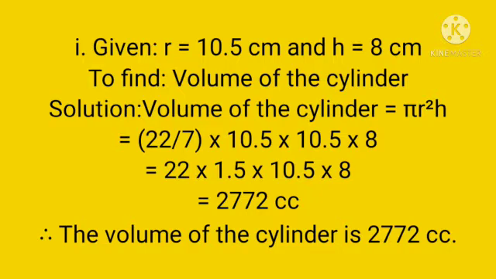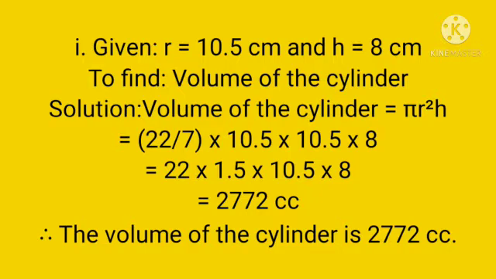Solution: volume of the cylinder is equal to pi r square h. This is the formula to find the volume of the cylinder. Let us substitute the values of pi, radius r and height h as given.